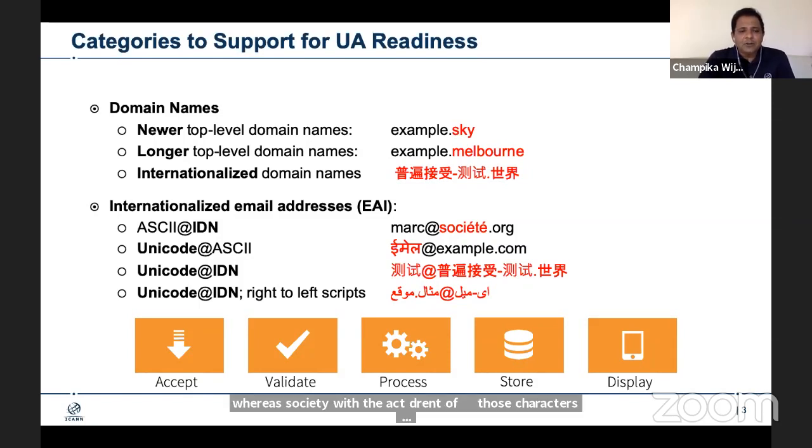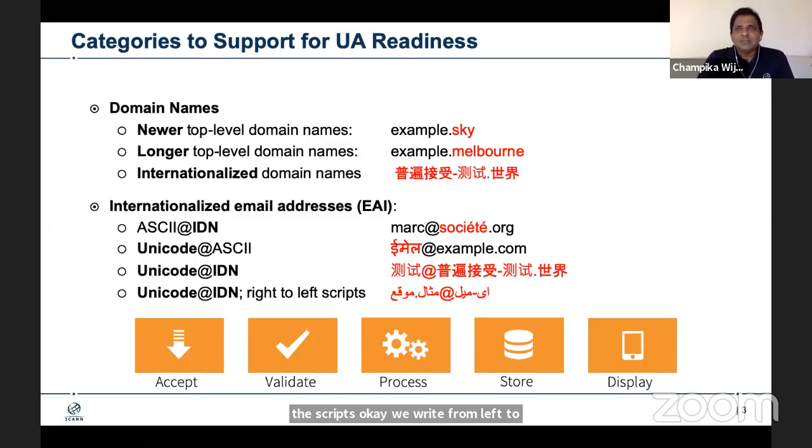And then we also see some email IDs where you have Unicode-based mailboxes on your left, and you can have ASCII-based domains, as well as Unicode-based mailboxes and IDN-based domains. Also, most of these scripts we write from left to right, like English, for example.